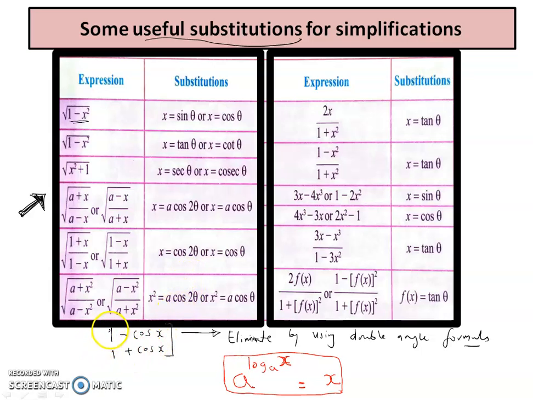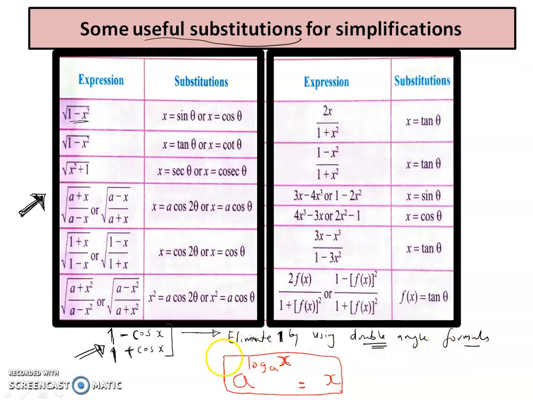It is very easy to remember. We also saw whenever in the example there is 1 minus cos x or 1 plus cos x, if such a term comes, we eliminate 1 by using double angle formulae of cos x.